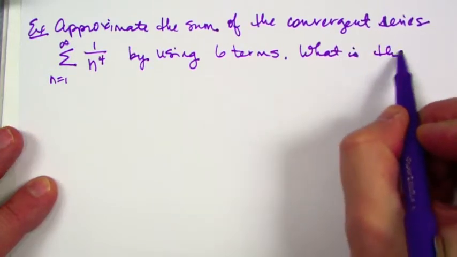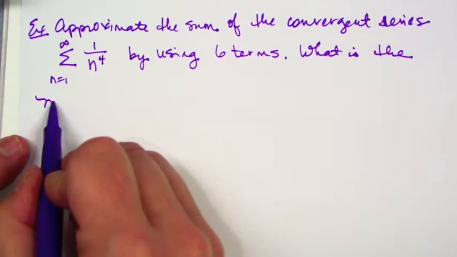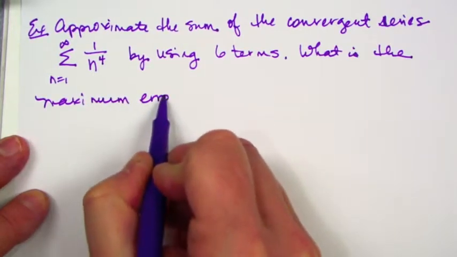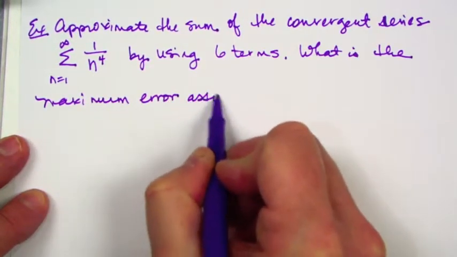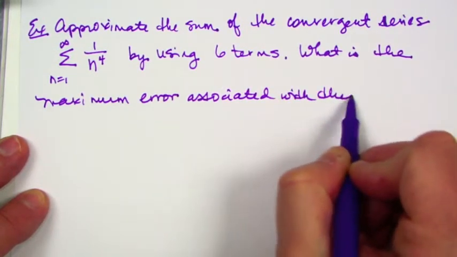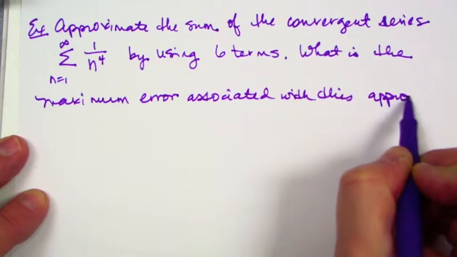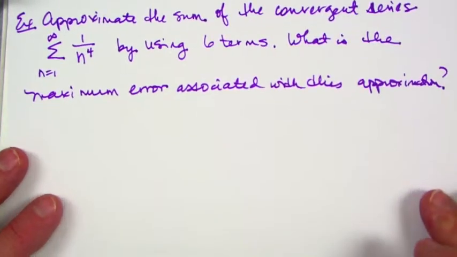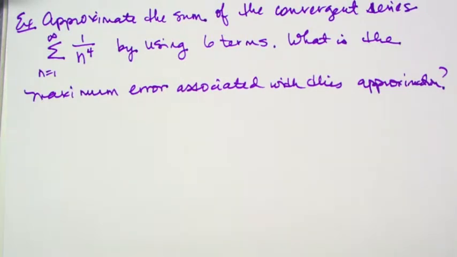What is the maximum error associated with this approximation? Okay, so approximate the sum of the convergent series 1 over n to the fourth by using 6 terms. What's the maximum error associated with this approximation?